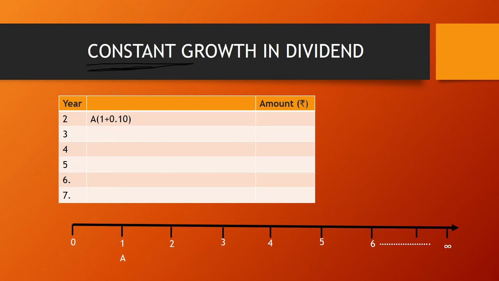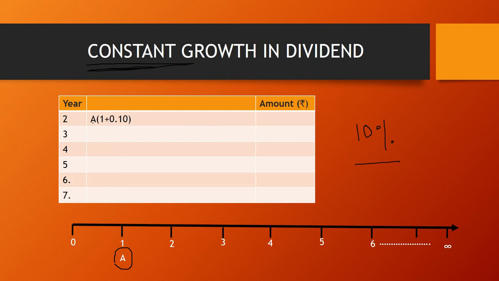Suppose in the first year you are getting an amount a as a dividend, and in the next year my dividend increases and my growth percentage is fixed at 10%. That means every year the dividend will increase by 10%. So the percentage change is constant.